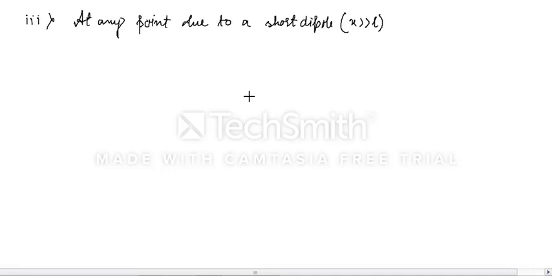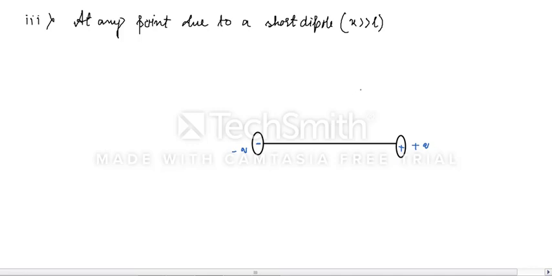Now for that again we have to draw a dipole. Let us say this is a dipole. This is minus q and this is plus q.